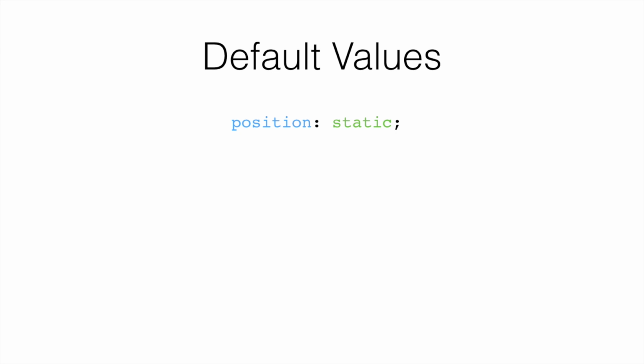But before that, I want to show you the default state of the position property and the directional properties. The default state, as we've just looked at, for the position is static, and for the directional properties, they're all going to be the same. They're all going to be auto. So if something is top auto, that means that it's kind of undeclared and it's going to act in its natural state.